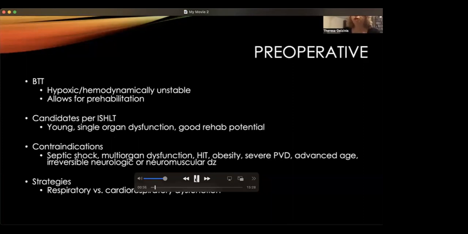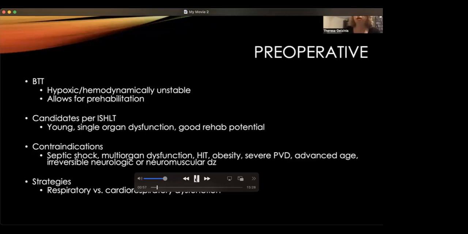Preoperatively, mechanical circulatory support can be used as a bridge to transplant in those patients who are hypoxic and hemodynamically unstable. This will allow prehabilitation to occur. According to the ISHLT, appropriate candidates are young, with single organ dysfunction and good rehabilitation potential.